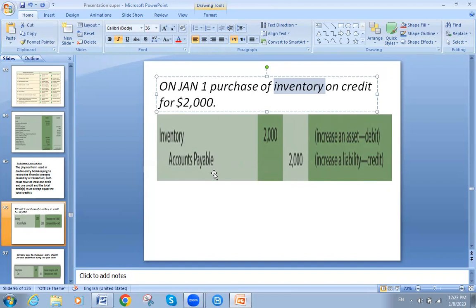I said, okay, I accept. So I took the inventory and I signed a check, or I signed a permission note, or any kind of dues settlement. So it was $2,000. And so here I would say to the account payable.